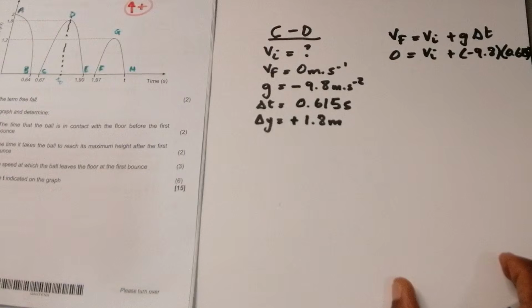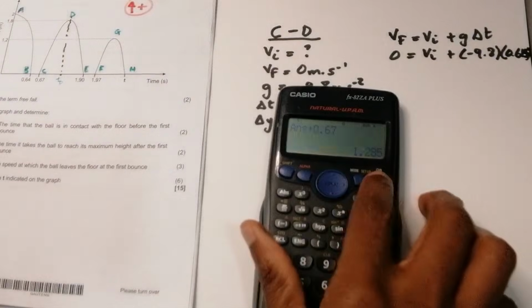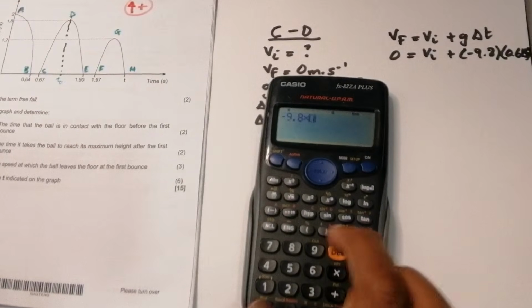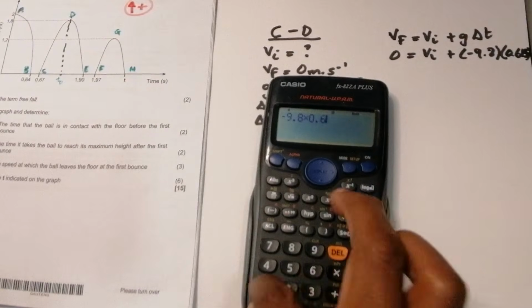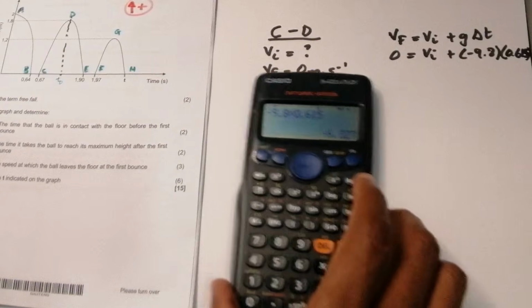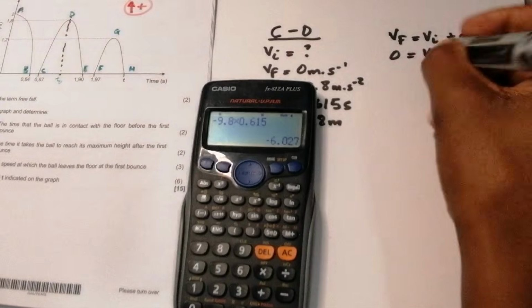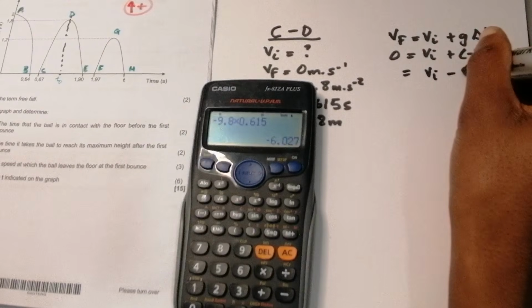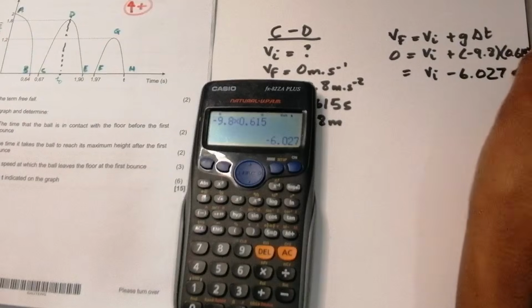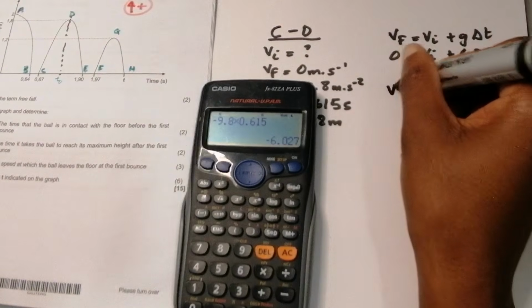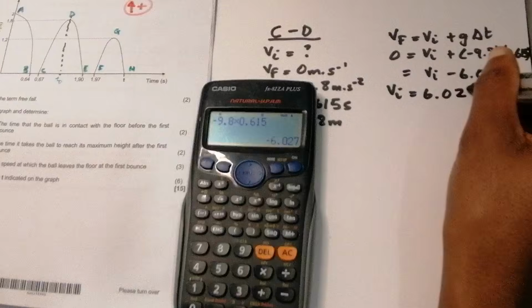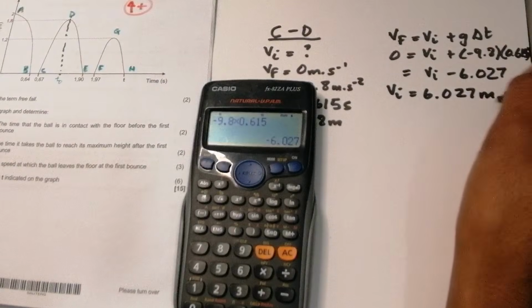All right, so let's calculate quickly. We're going to say negative 9.8 times 0.615, and we get 6.027. So VI minus 6.027, and if I take that to the other side, it becomes positive, so it's going to be 6.027 meters per second.